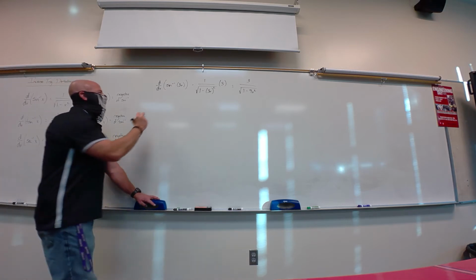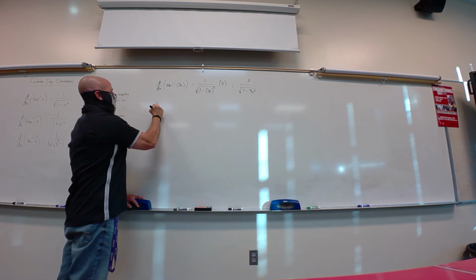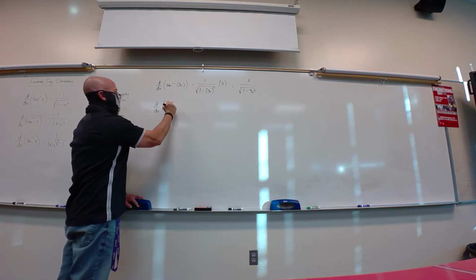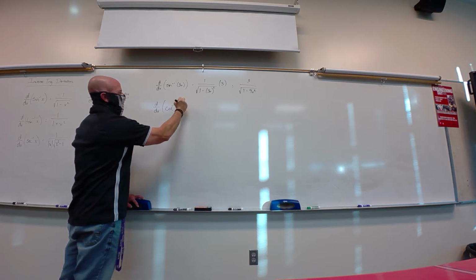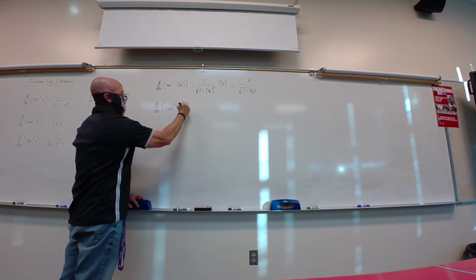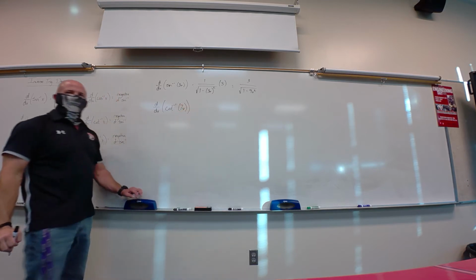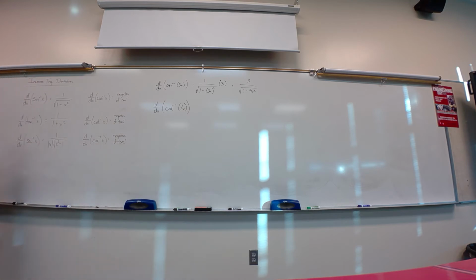So if I said the derivative with respect to x of the cotangent inverse of 7x. All right, cotangent's not one of my 3 main ones, so then I'm thinking of which one it is the negative of. Cotangent's the negative of the tangent one. So all it's going to do is put a negative right here on the top.